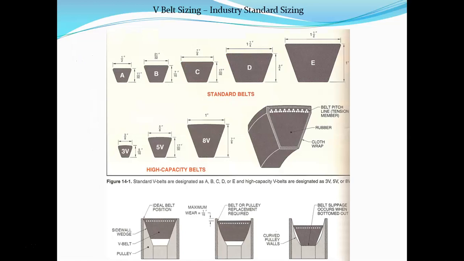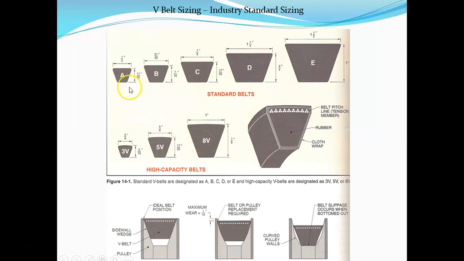This is a slide that I'll repeat later in the slide deck. This is showing different types of V-belts. You've got a classical V-belt that uses letters A, B, C, D, E. This is part of their sizing. And then there are narrow groove belts that have a V in it: 3V, 5V, 8V.